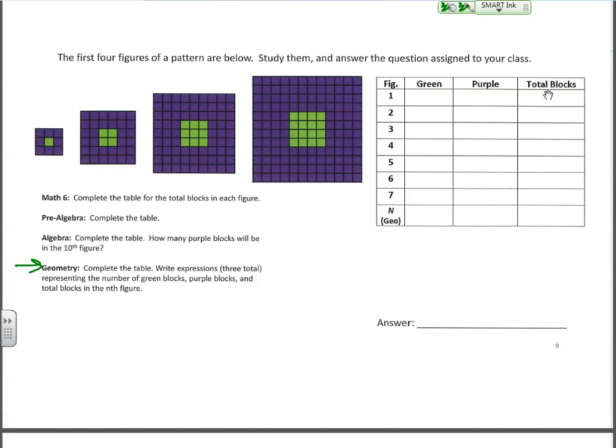So you're looking for, how do I get from the figure number to the number of green blocks in the figure? How do I get from the figure number to the number of purple blocks in the figure? How do I get from the figure number to the number of total blocks in the figure? And since we're dealing with squares, you can bet that your expressions will involve exponents somewhere along the line.